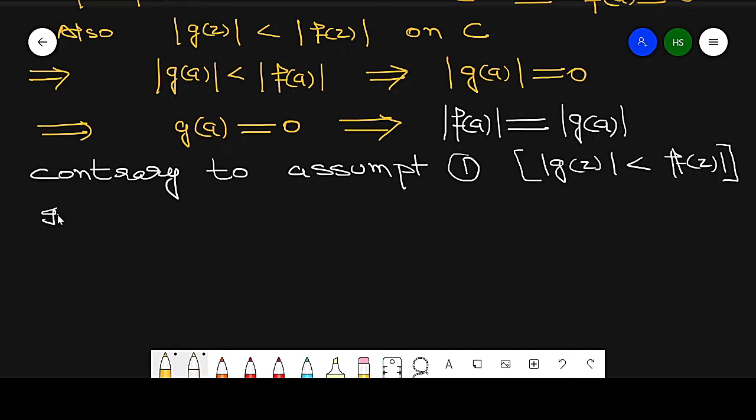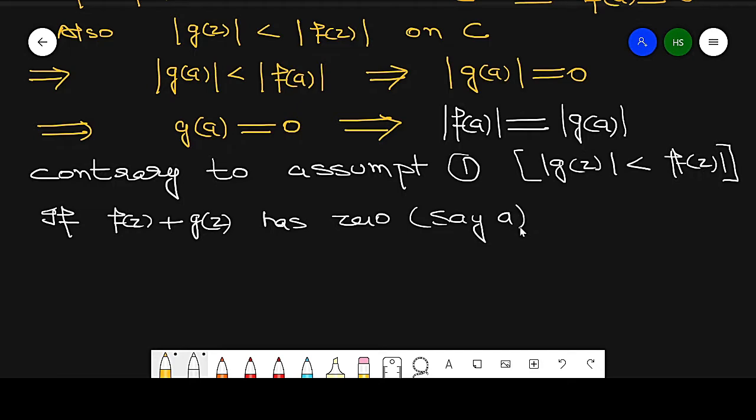If the sum of the functions, f(z) plus g(z), has a 0, say it is a, on C, then it implies f(a) plus g(a) is equal to 0.